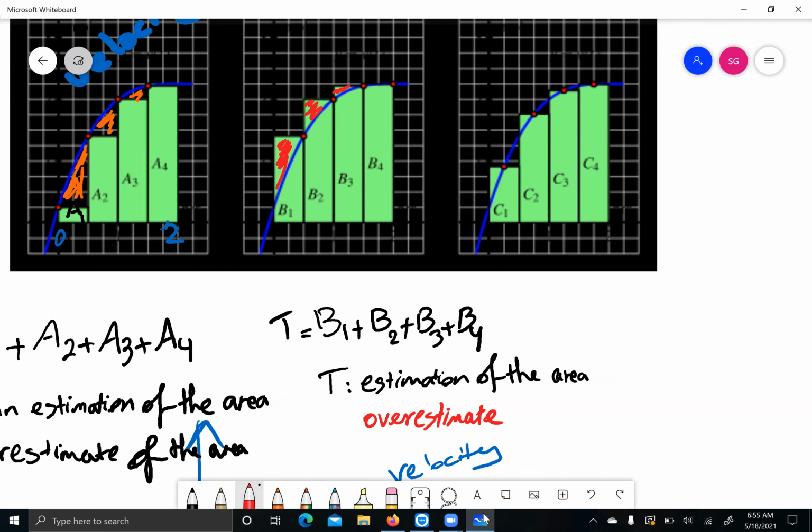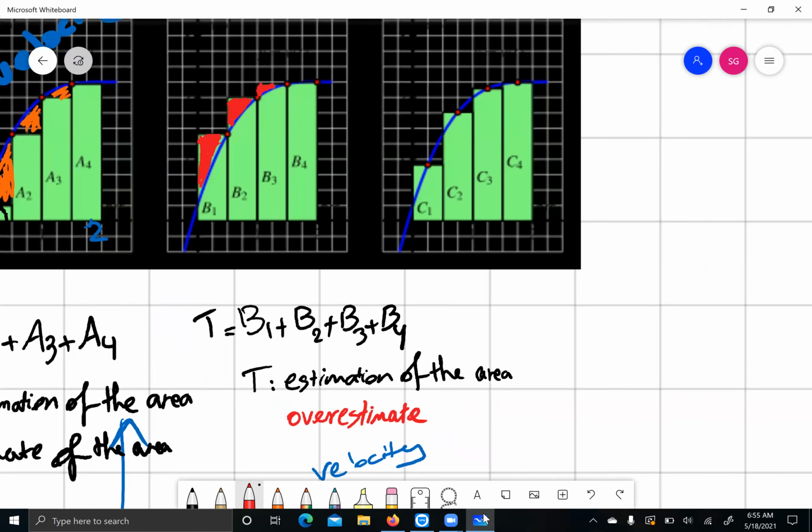So no matter what method you use, this is always an estimation. Either we are underestimating, which means that the value we are offering is less than the actual value, or we are overestimating, which means that the number we are giving as the area is more than the real area.